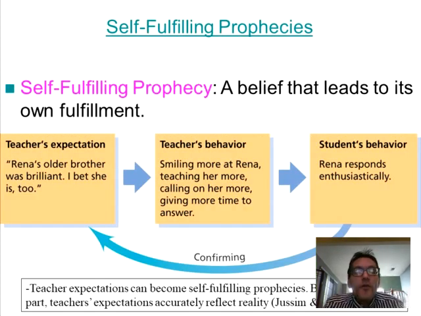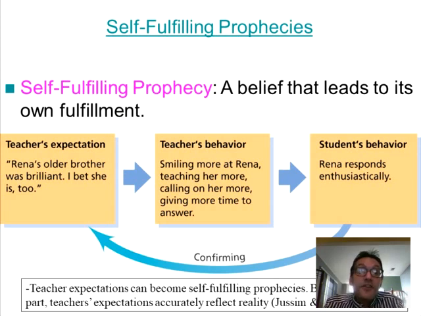And so these self-fulfilling prophecies can be good, right? Look, the teacher expects, oh, look at this one. Rena's older brother was brilliant. I'll bet you she is too. So they behave differently. They smile more. They teach her more. They call on her more. They give her more time. Rena responds enthusiastically, and that confirms the teacher's expectations.